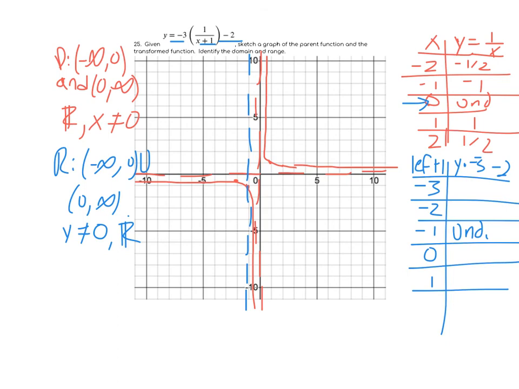So we have times -3 and then -2. So if we've got -0.5 times -3 is positive 1.5, minus 2 is going to be -0.5. -2 times -3 is going to be positive 8, and then -2 would be positive 6.